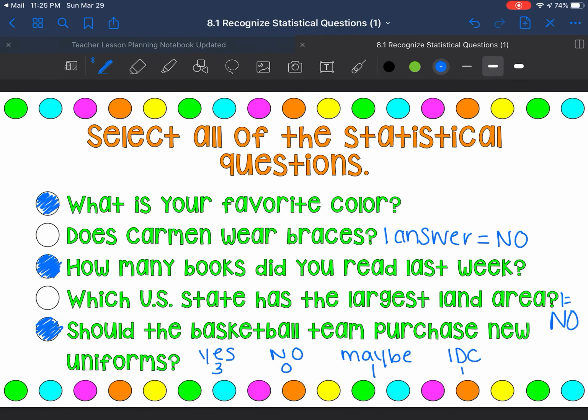So now what you're going to do is hop on back over to Teams and complete your assignment. Your assignment's a little bit different this time. Today, your assignment is going to be an interactive PowerPoint. What an interactive PowerPoint means is that you are going to be typing in the PowerPoint. You are going to be dragging the word statistical and not statistical underneath different sentences.